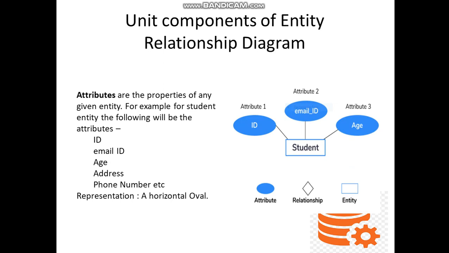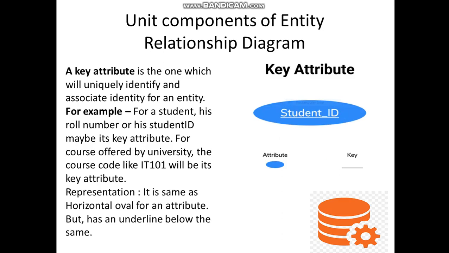Attributes. Attributes are the properties of any given entity. For example, for student entity, the following will be attributes: ID, email ID, age, address, phone number, etc. It is represented by a horizontal oval. Next is key attribute. A key attribute is one which will uniquely identify and associate identity for an entity.